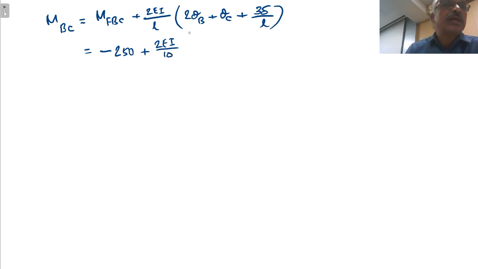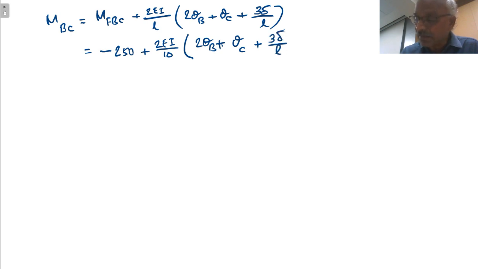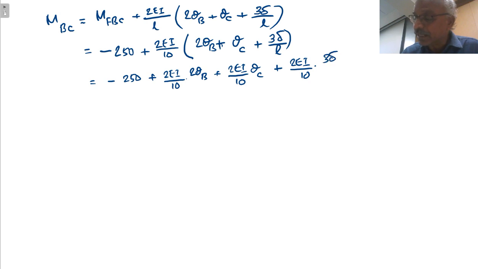L is 10 meters here also. 2EI by 10 into 2 theta B plus theta C plus 3 delta by L. So general formula: this is equal to minus 250 plus 2EI by 10 into 2 theta B plus 2EI by 10 into theta C plus 2EI by 10 into 3 delta by L.